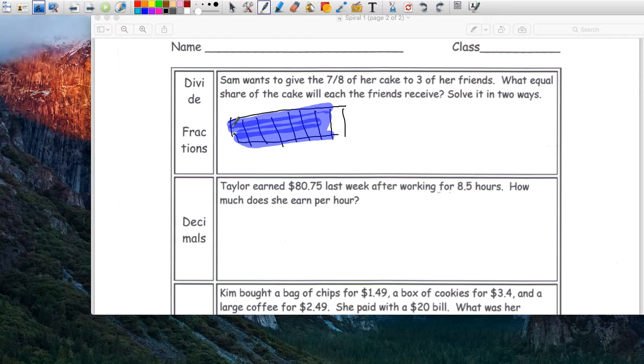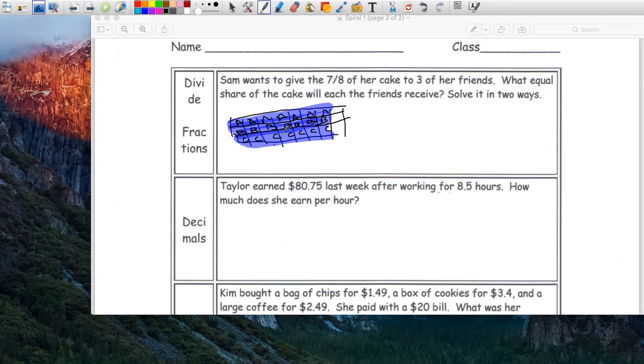The top layer over here, I'm going to cut this line. That whole row at the top goes to friend A. The middle one, I'm going to cut across. That's going to go to friend B. And the last row here goes to friend C. So you'll notice that every friend gets an equal amount.